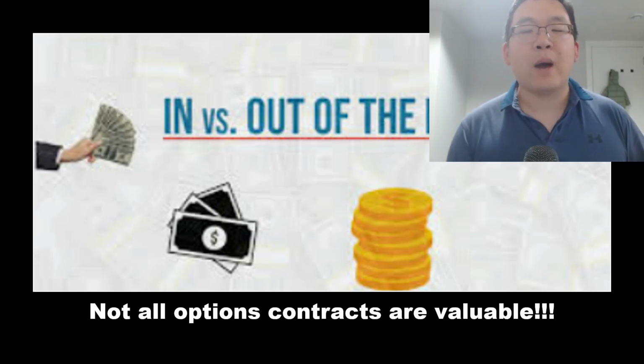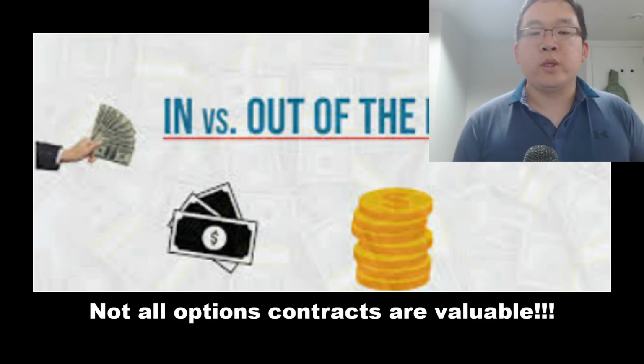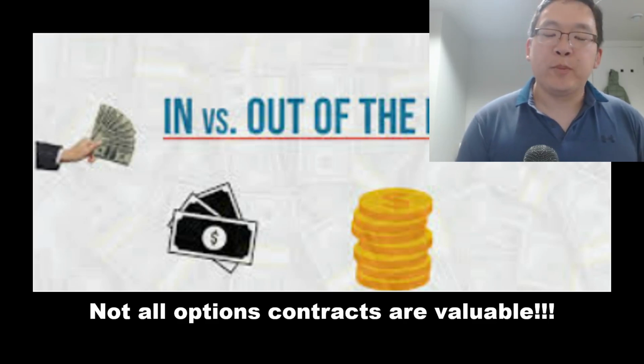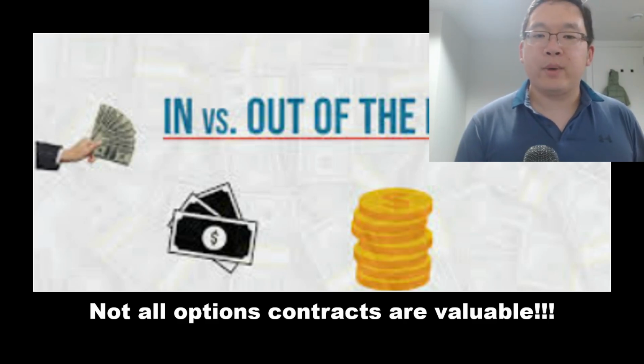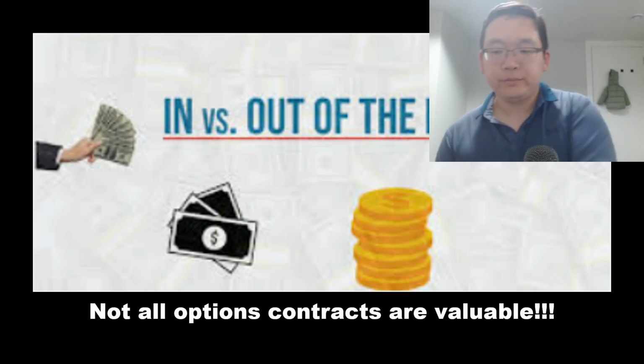So the chance or opportunity to buy Tesla at 400 when the stock price is 300, wouldn't you say that is not valuable at all? That's what we call out of the money, because you could buy Tesla at 300 on the market and you wouldn't want to exercise your opportunity to buy Tesla at 400.